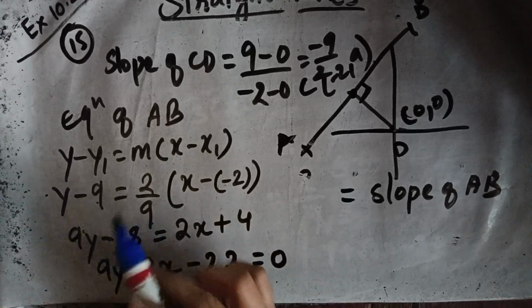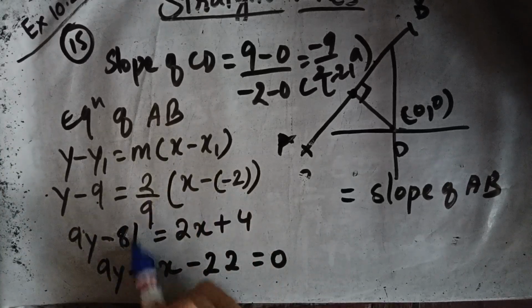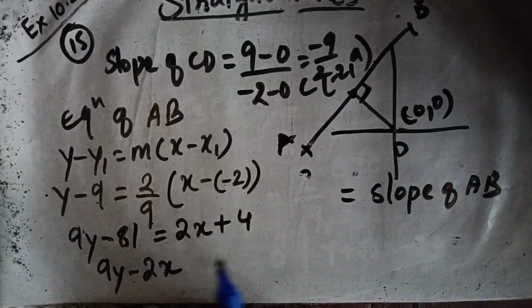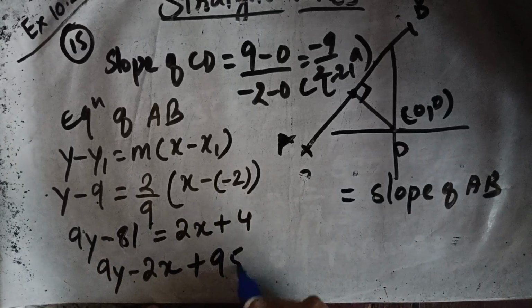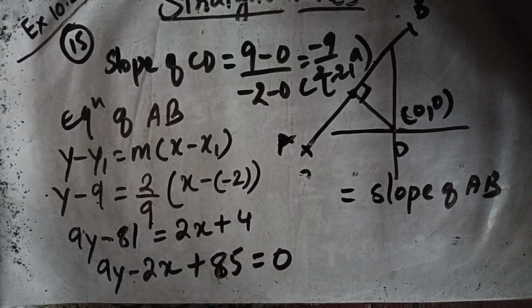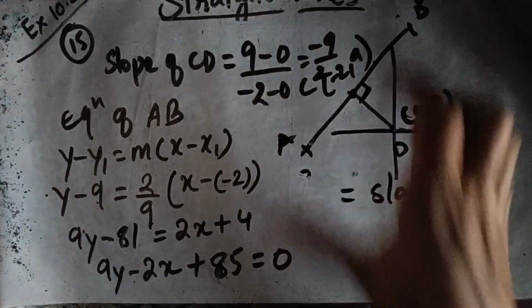Okay, this is 9 and the 81, sorry. So 81 plus 4, 85. Sorry for that. So 9y minus 2x plus 85 equal to 0. This is the equation of the line AB.